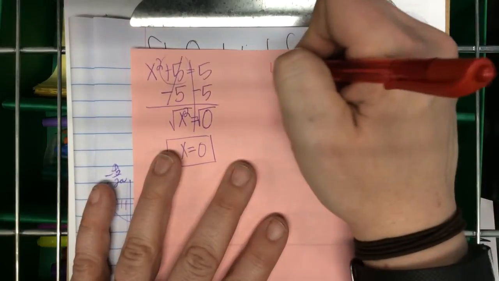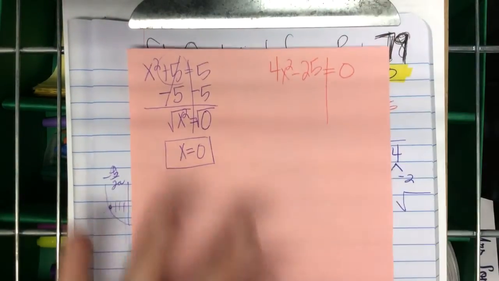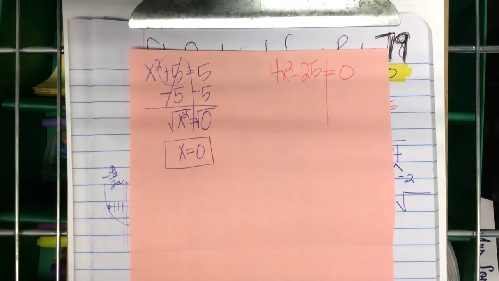Let's try another one. Is it quadratic? Yes. It equals 0. I could factor it or even graph it, right? But I'm solving using square roots. So if I want square roots, I want x squared alone. So what do I move away first?